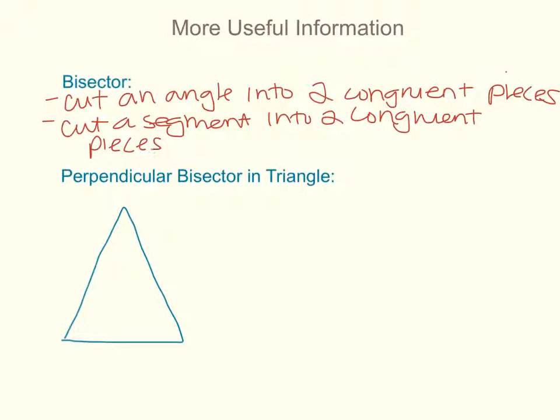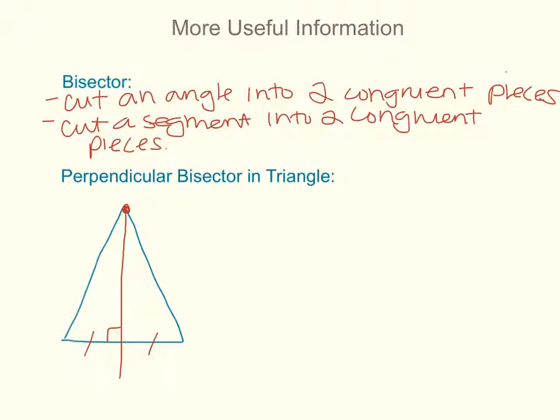Now, when we talk about a perpendicular bisector in a triangle, it does exactly that. It's going to start at one of the vertices, and we're going to drop it down, and it's going to make a right angle. It's perpendicular to the base, and it's also going to cut this into two congruent pieces.